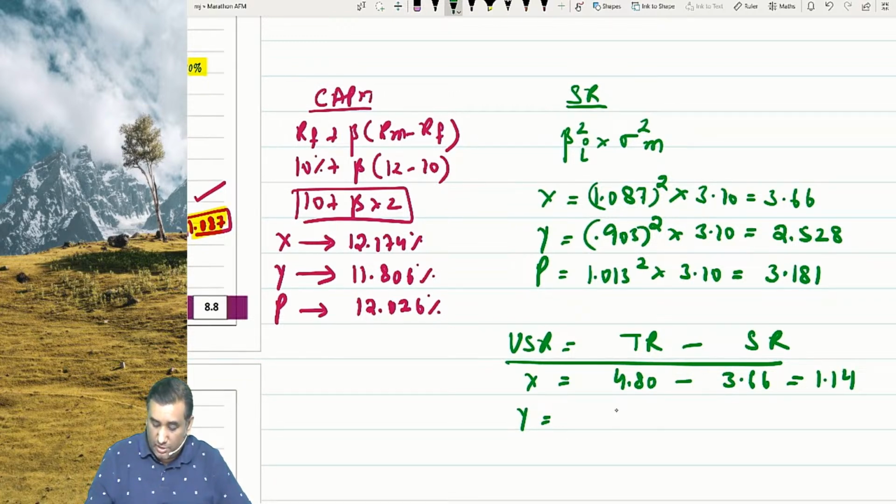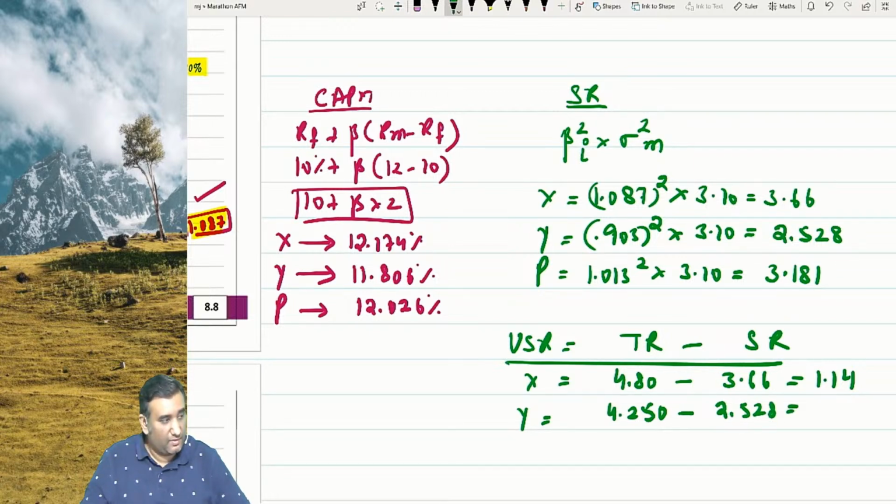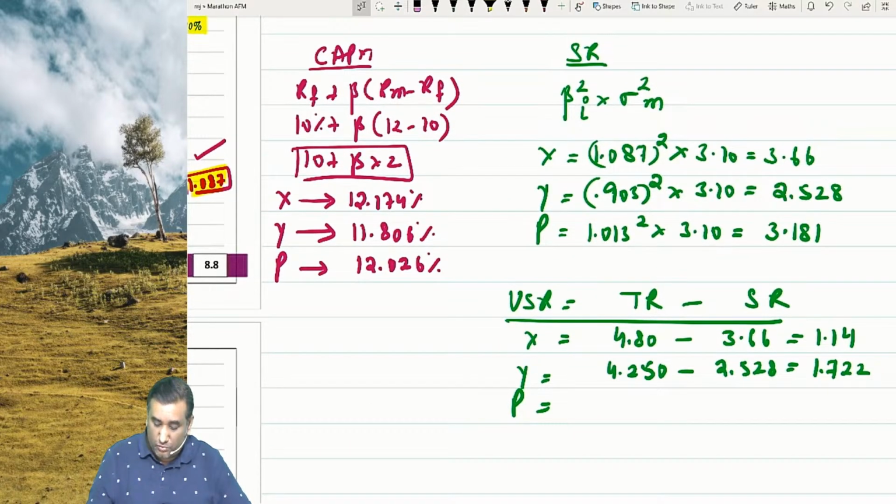Then for the portfolio, what was the total risk of the portfolio?